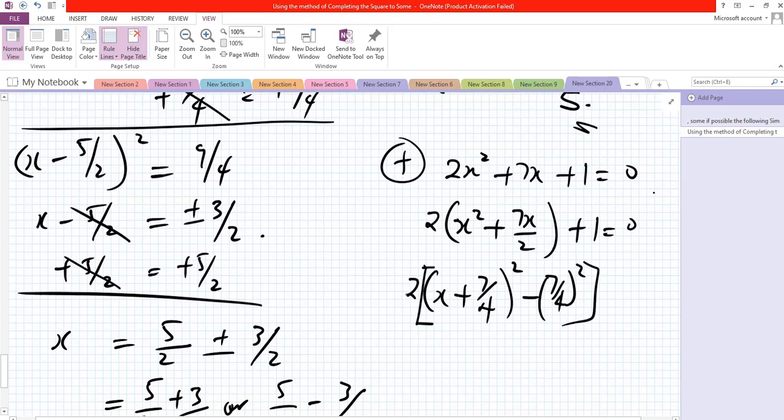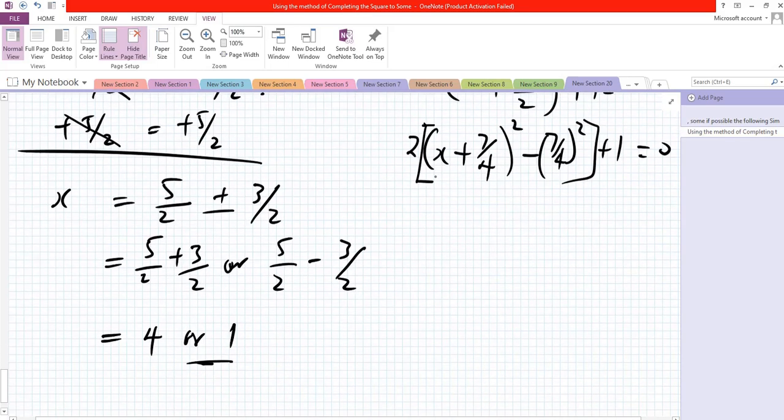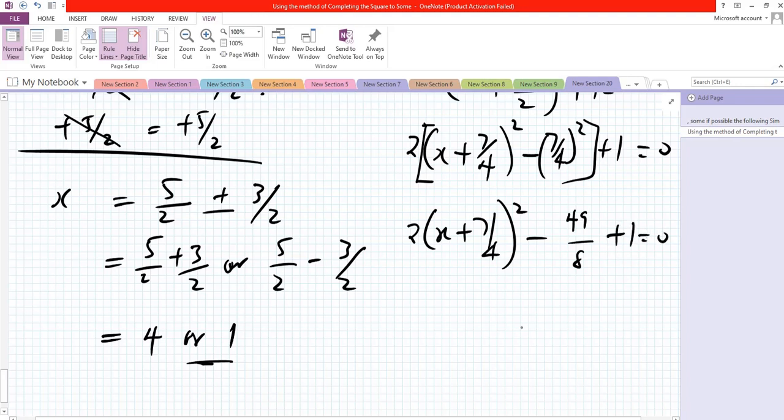All of this will be multiplied by 2 plus 1 equal to 0. You now have, you expand it. If you expand it, 2 multiply this, you have 2 times x plus 7 over 4 all squared minus 2 multiply this, you have 49 all over 8 plus 1 equal to 0.